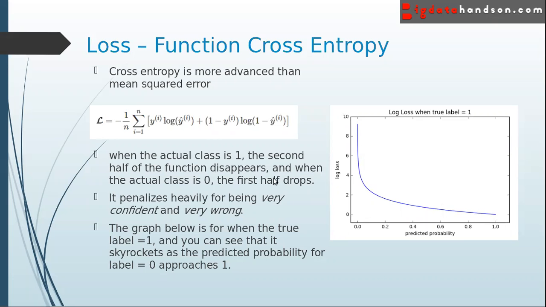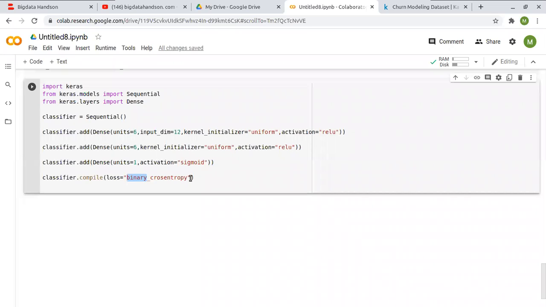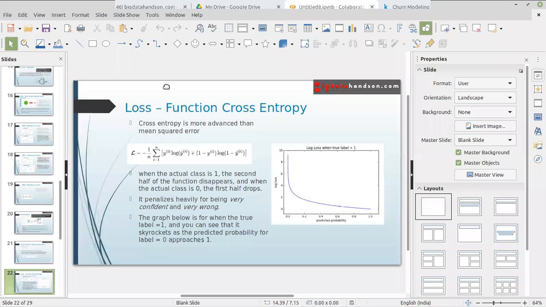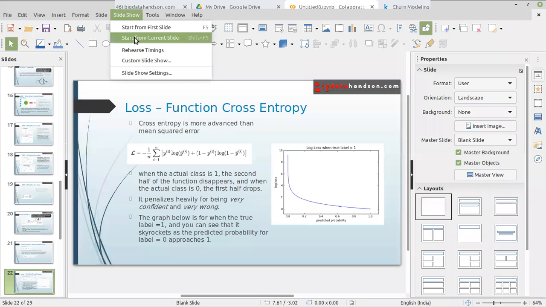That's what it's saying. And here we have given the loss, and we have to give the optimizer as well. I'm going to give the optimizer as Adam. We'll see what the optimizer is.